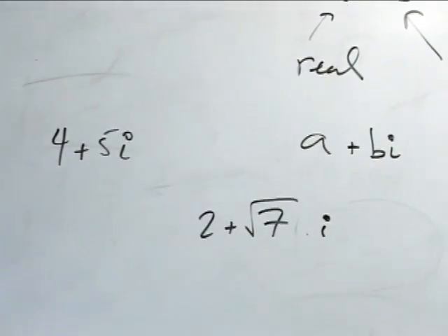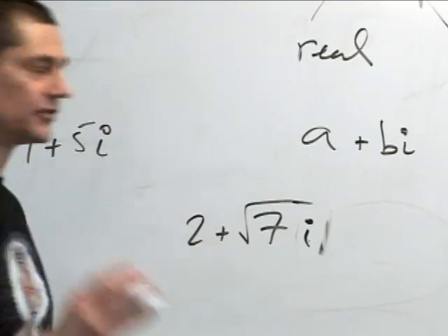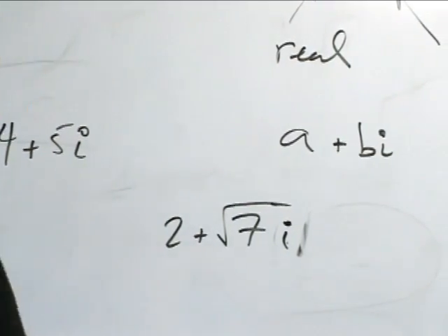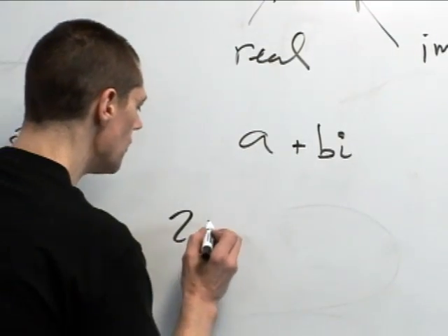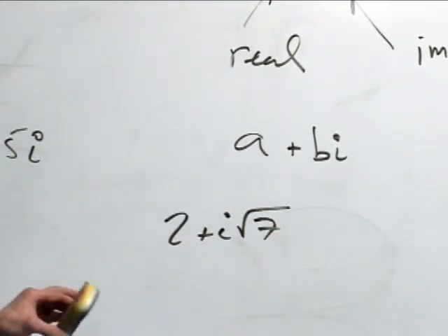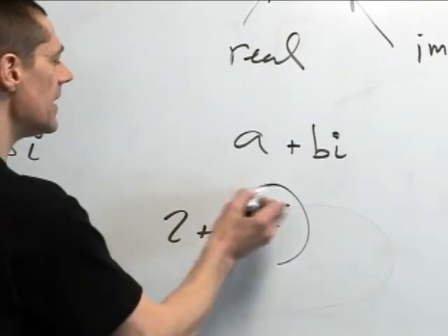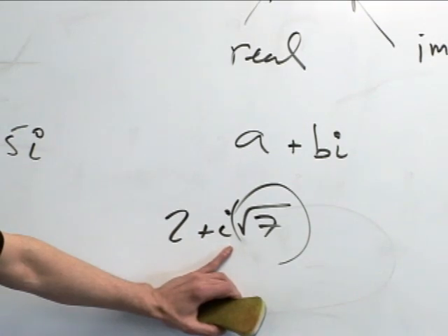If you're writing by hand, the i ends up looking like it belongs in the radical, just depending on how well you draw or how well you write. This is the way that it is preferred: 2 plus i times the square root of 7. If b is a radical, it's typical to bring the i up front here.